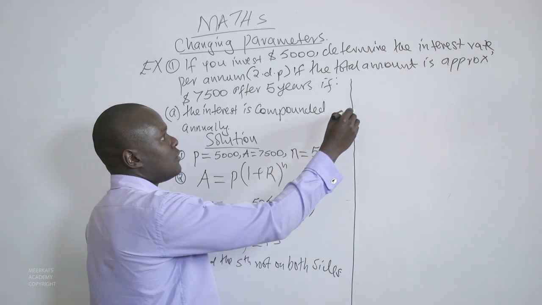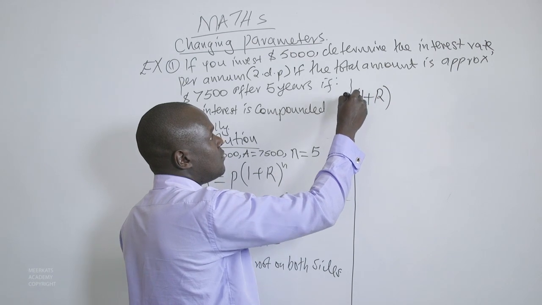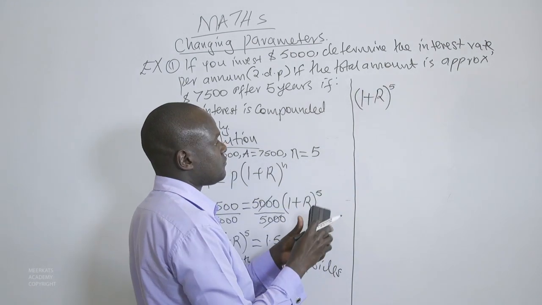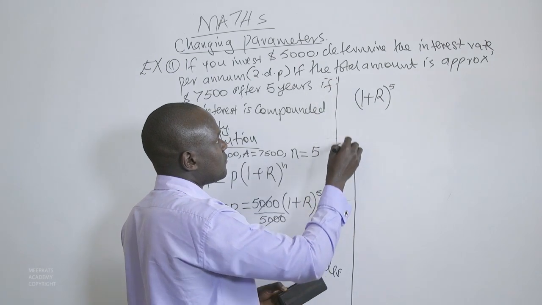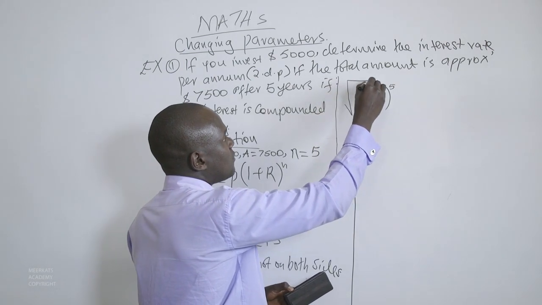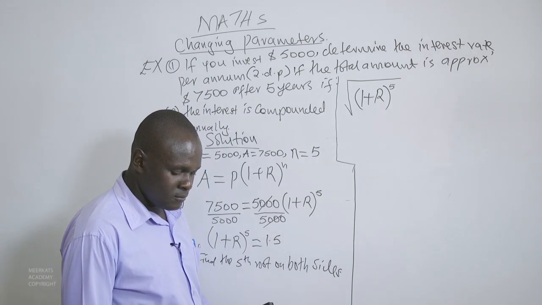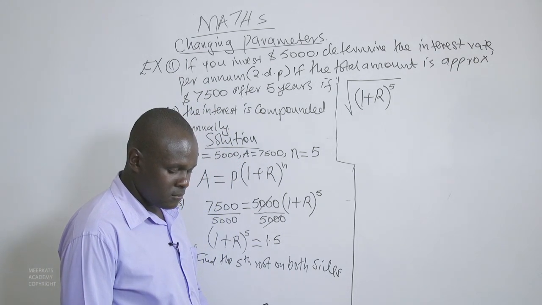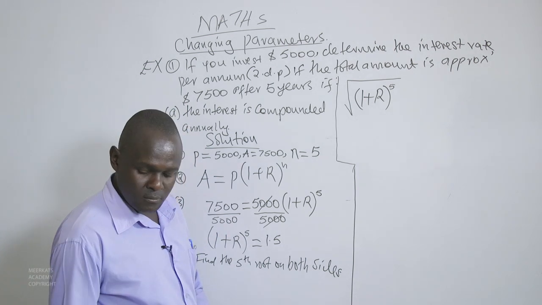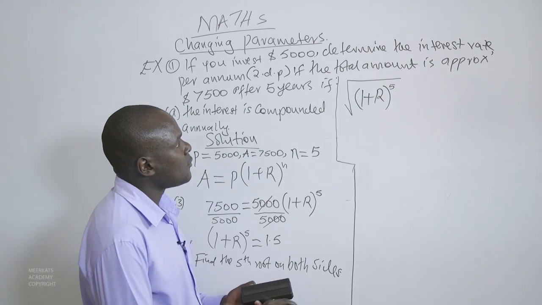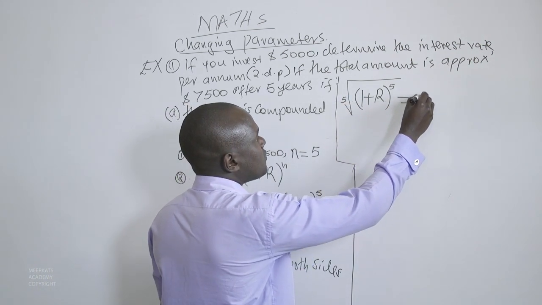So here we are going to have 1 plus r raised to power 5. We have agreed we introduce a fifth root on both sides.